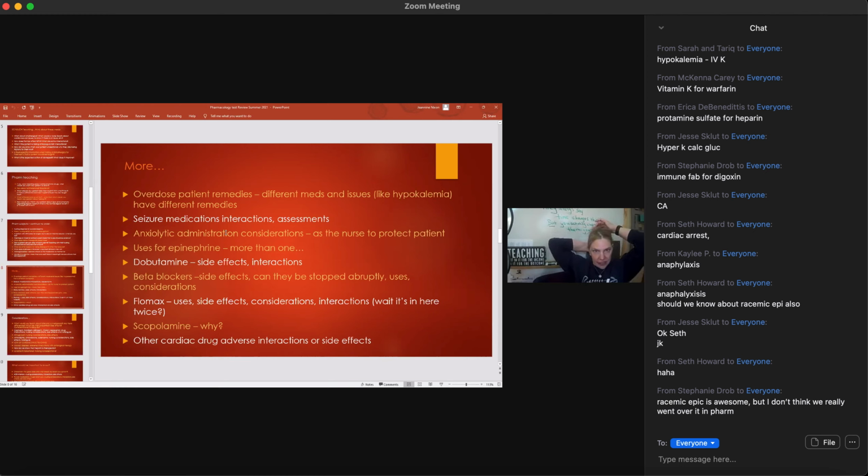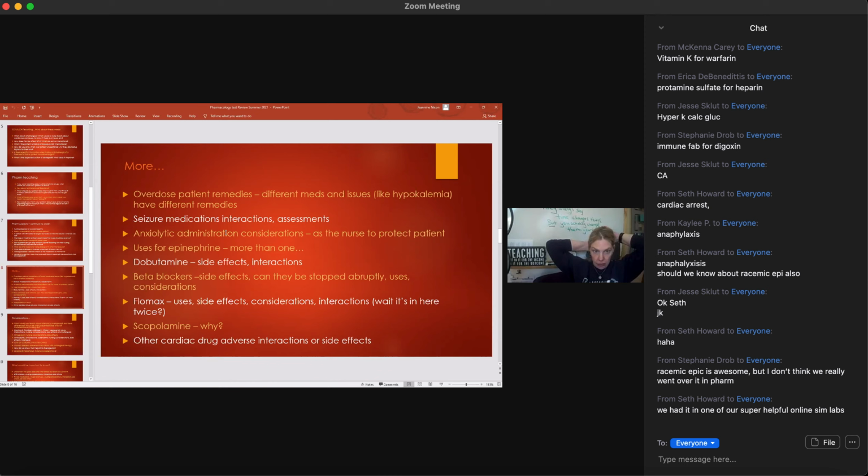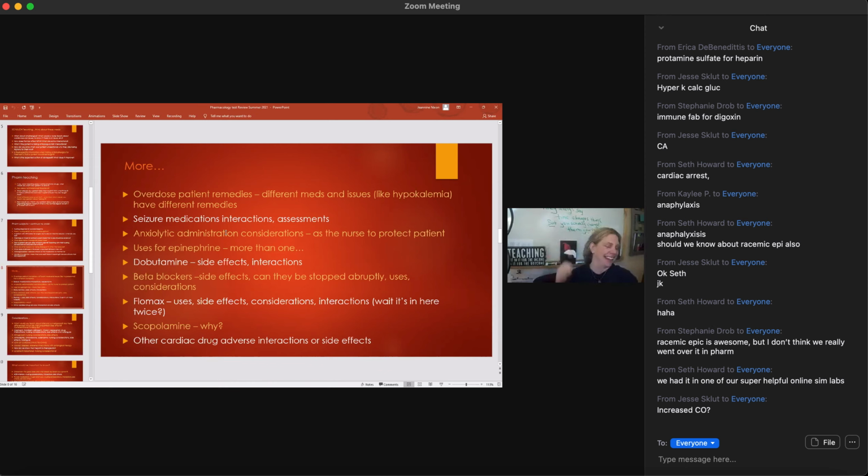So the dobutamine side effects, interactions. Increased heart rate. So you guys are on the same thing there. What does it interact with?